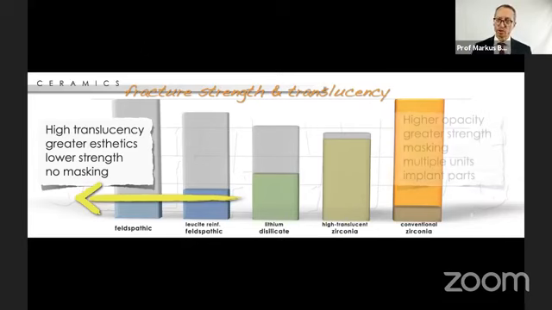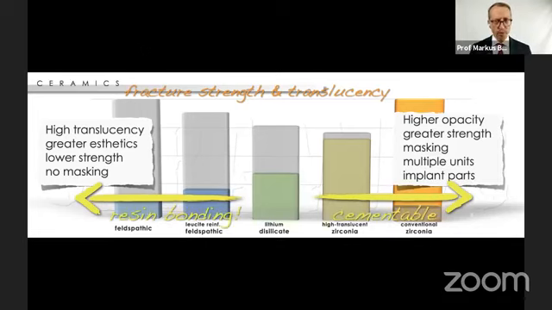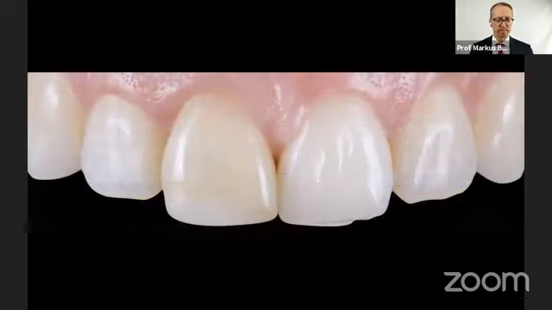If I need more strength and aesthetics may not be as important, for multi-units, maybe implant components, we go to the right-hand side of the screen. Understand that the ones on the left-hand side, unless you have a coping or a framework, have to be resin bonded, versus the ones on the right-hand side, which we consider cementable due to their inherent strength.